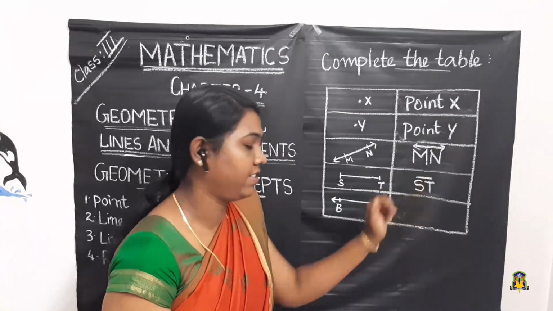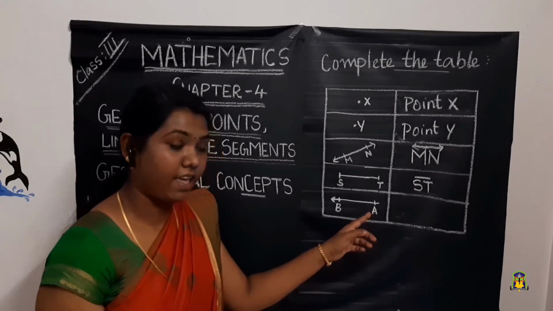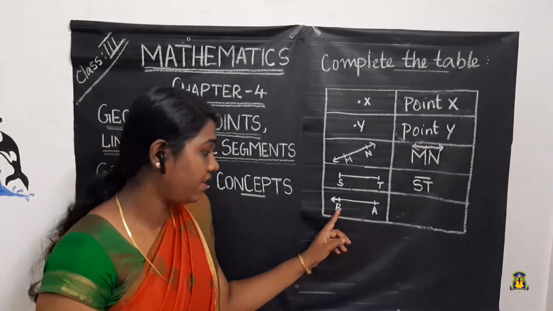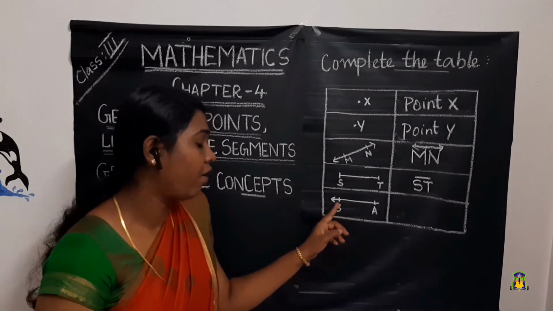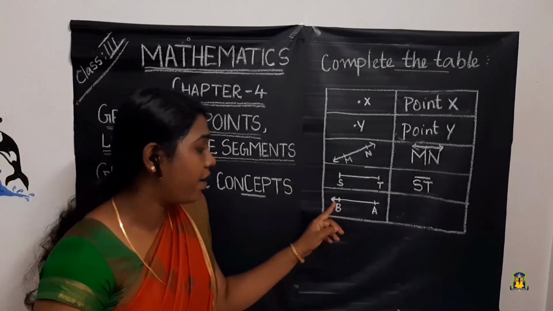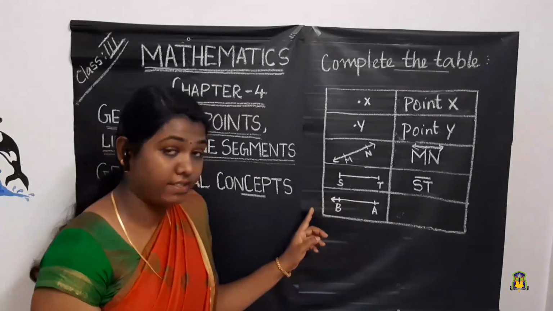Okay, here there are 2 points again, A and B, and here you can see that at the end of the point B, 1 arrow is here. It means that it goes endlessly.